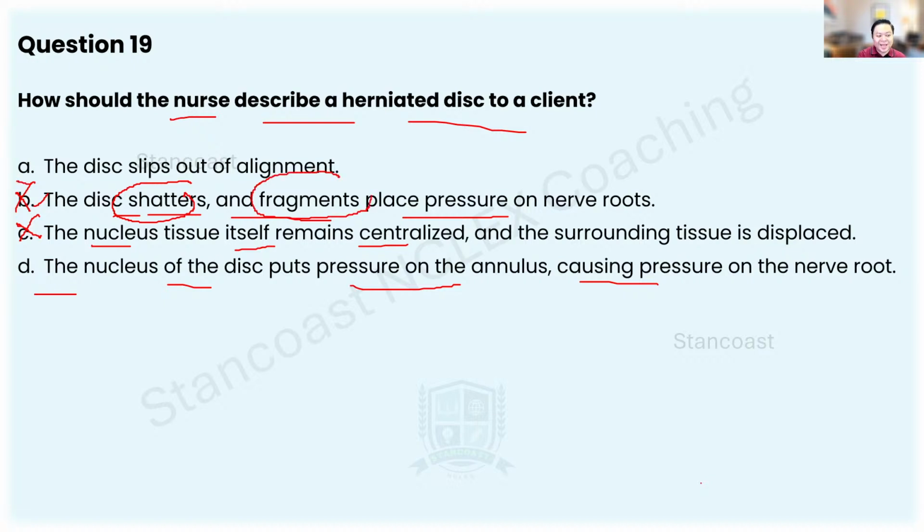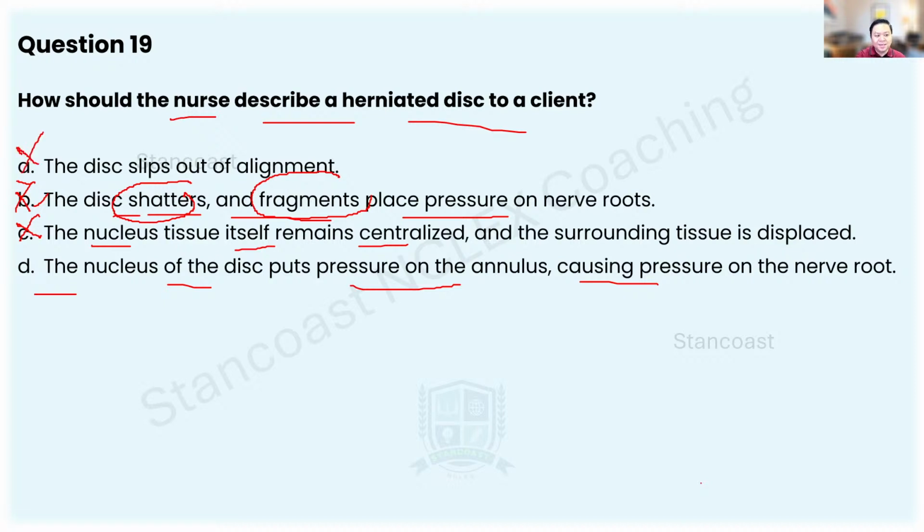If you answered letter A, disc slipping, again, if I said the word slip earlier, I apologize, that is incorrect. The disc slips out of alignment is incorrect. It does not slip. It's herniating, meaning the nucleus is pushed through the outer layer, or it pushes the annulus, which will cause pressure into the nerve roots.